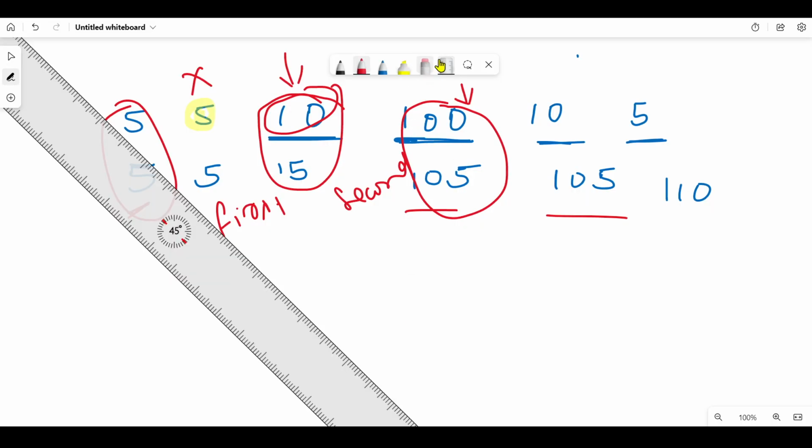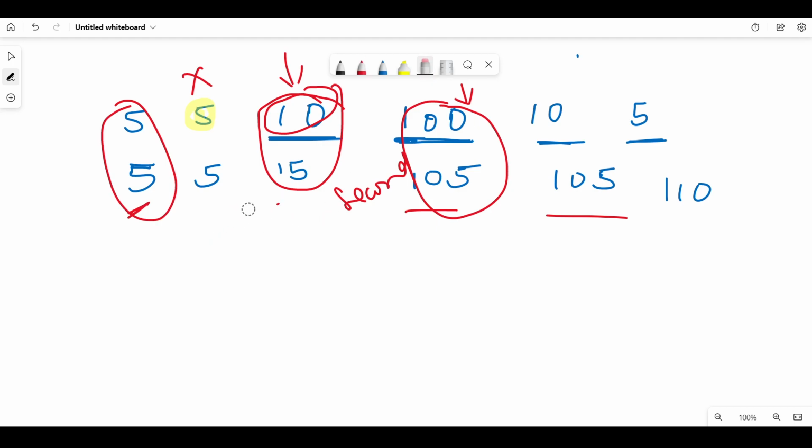Initially my first was this and second was this. Now I have updated this second as first and this as second.